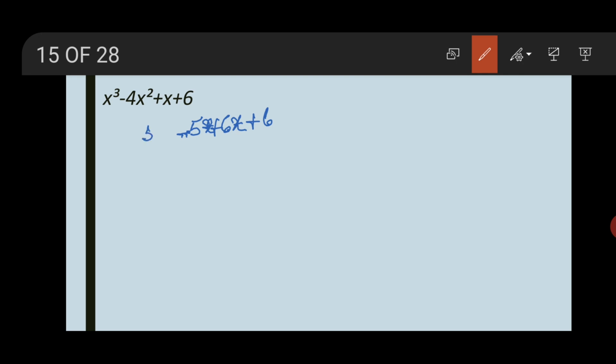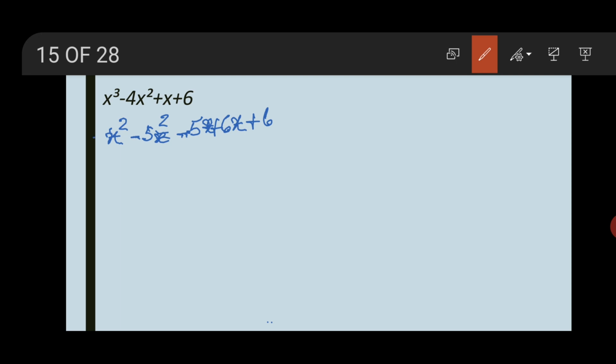Then again write 5x square, and negative sign of minus 4x square keep here. We need minus 4x square but we have minus 5x square. In order to get minus 4x square, we write plus x square here. Now it becomes minus 4x square.